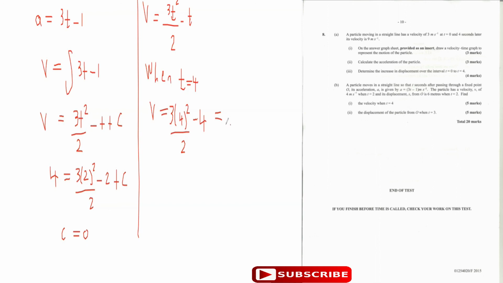And so v is equal to 20. Alright, and so when t equals 4, the velocity is 20 meters per second. That's it. That's how we find the velocity when t is 4.